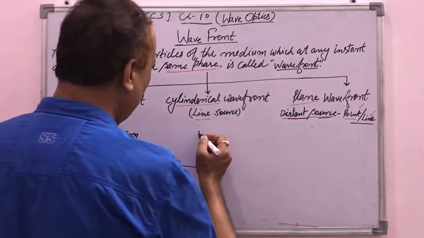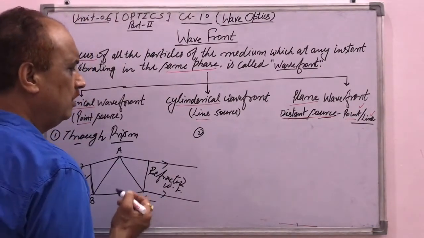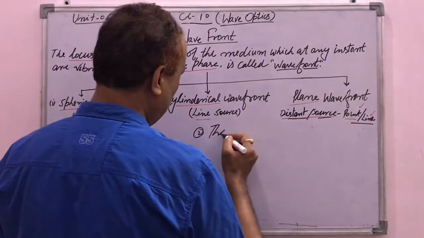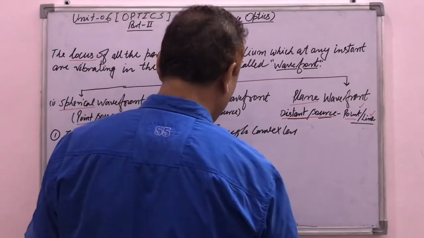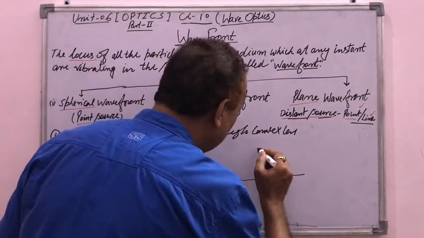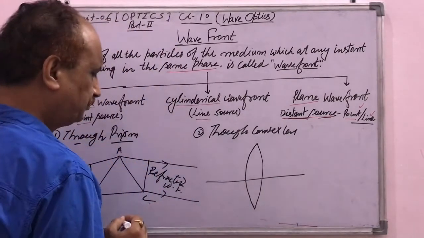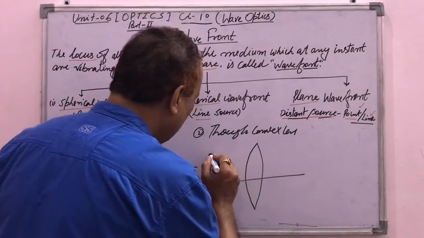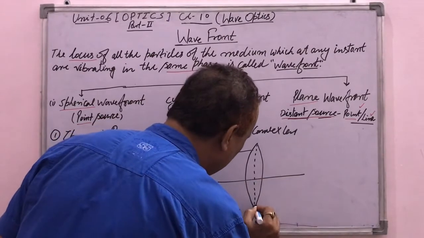Now, number 2, we have to show the shape of the wavefront when the ray is incident on the convex lens. So through convex lens, we have to draw a principal axis, and this is a convex lens, and rays are incident on it. The nature of the lens is that it has the ability to converge the rays.